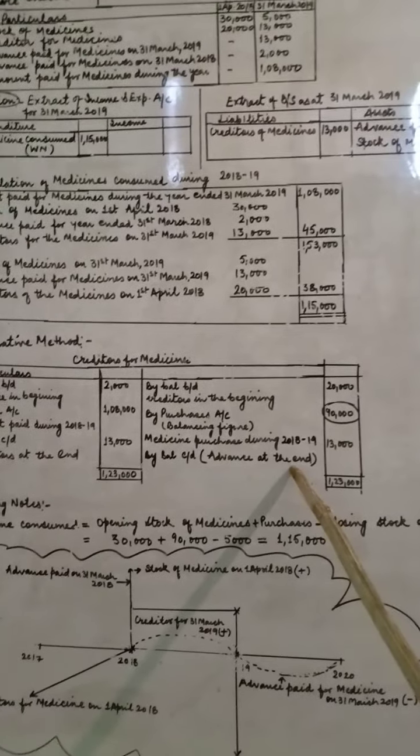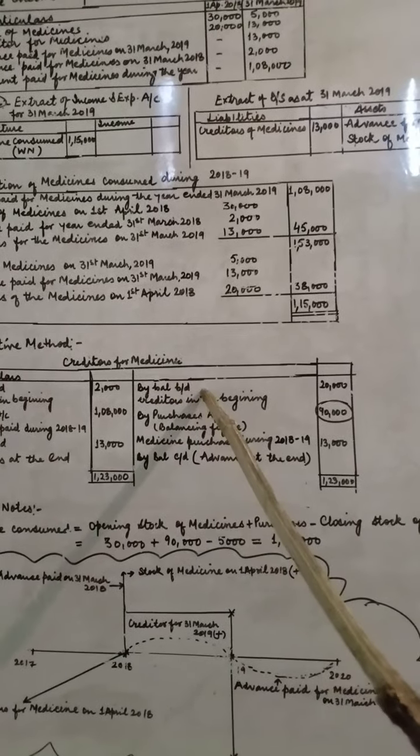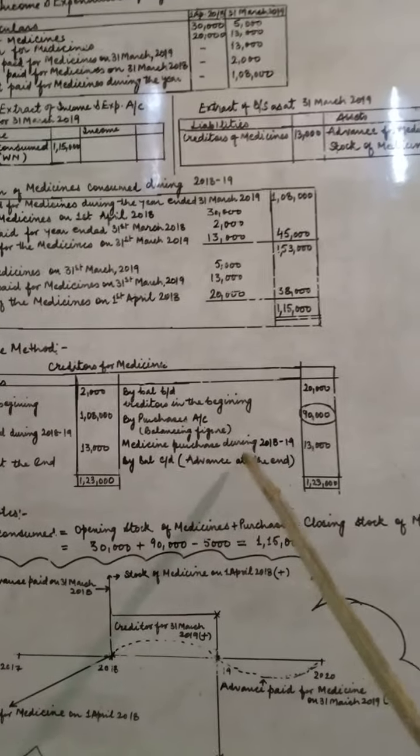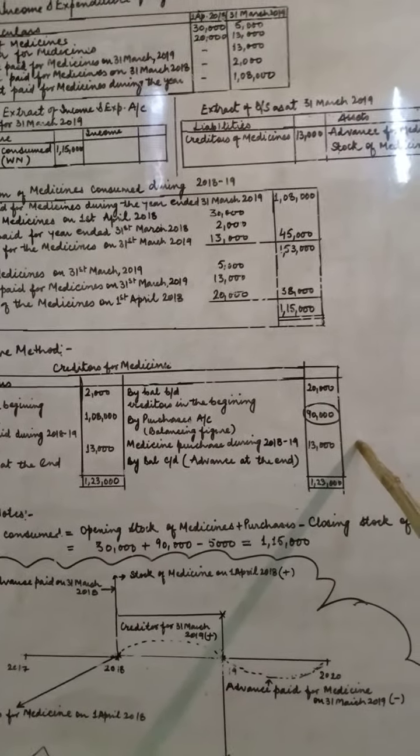You should remember this: if the BD balance, the opening balance, the beginning balance is on the credit, then the advance at the end will also be on the credit side.